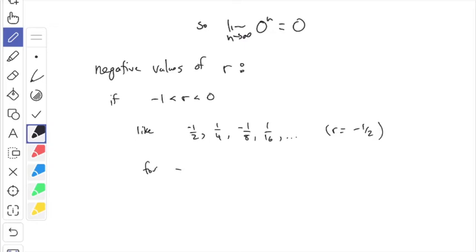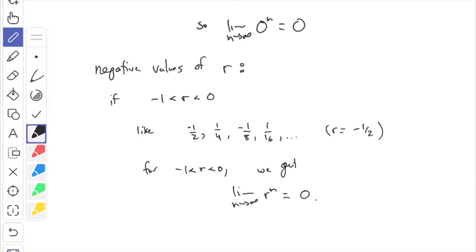So for r in this range, we get the limit as n goes to infinity of r to the n equals 0. The signs are flipping back and forth, but it really doesn't matter as far as the limit goes. The limit equals 0.